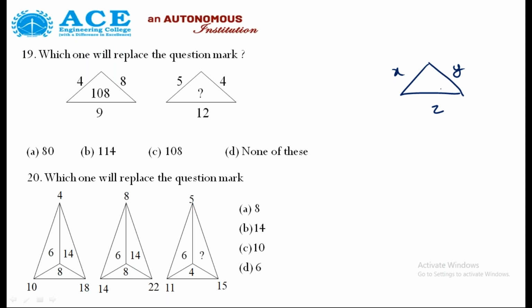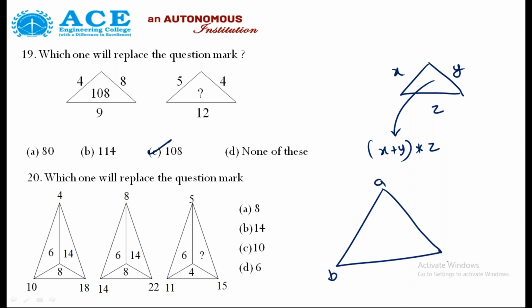What you can do is X plus Y multiply with Z. Add X and Y, then multiply with Z. You will get 108. Same thing both. Whereas here, this is difference between that extremes.